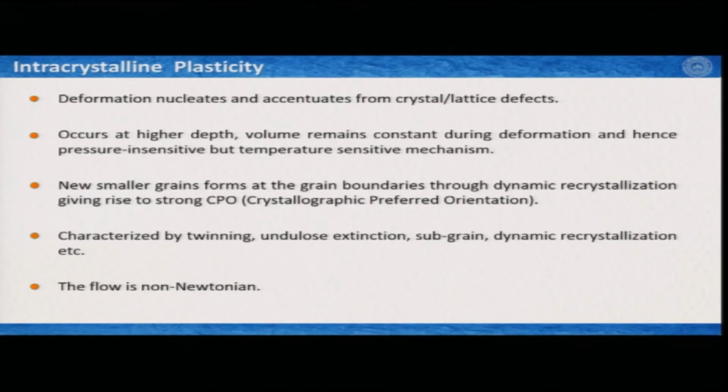Otherwise, the microstructures are characterized by twinning, undulose extinctions, subgrains, and the different signatures of dynamic recrystallization. We will see all these different kinds of microstructures produced by intracrystalline plasticity at the end of this lecture.